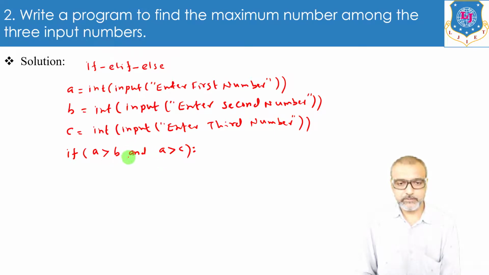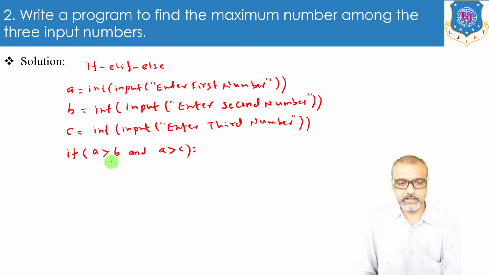AND is an operator, right? We will apply this operator to check whether these two conditions are true or not. If both the conditions will be true, then and then only the statement followed by this one will be executed.